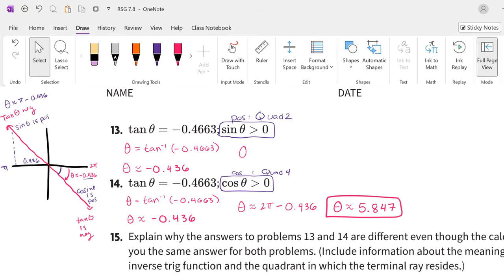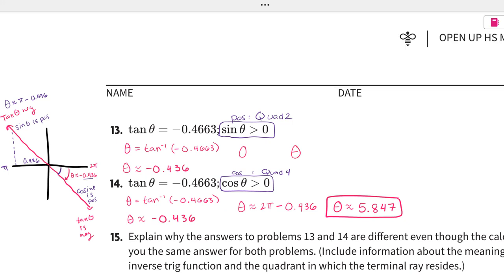So theta is pi minus 0.436, which gives me 2.7052. So I'm going to keep it at 2.705.